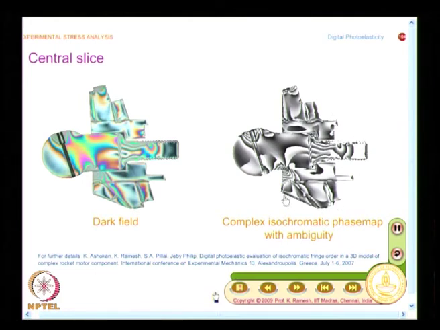We will have occasion to see, when we discuss digital photoelasticity, what is the difference between a fringe pattern and a phase map, and the focus is to find out fringe order at every point in the model domain. And this shows how a complex 3-dimensional model could be stress frozen and sliced for you to do the analysis.